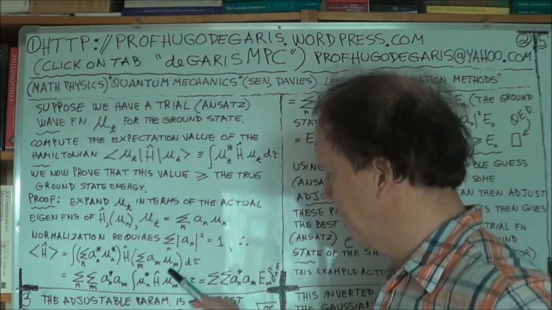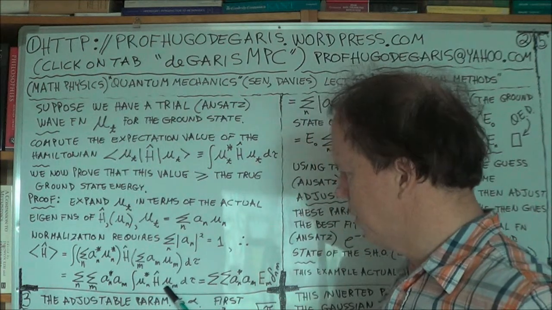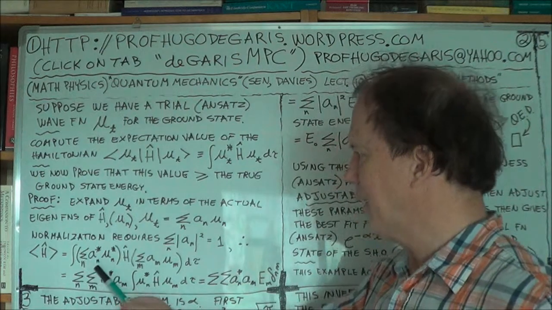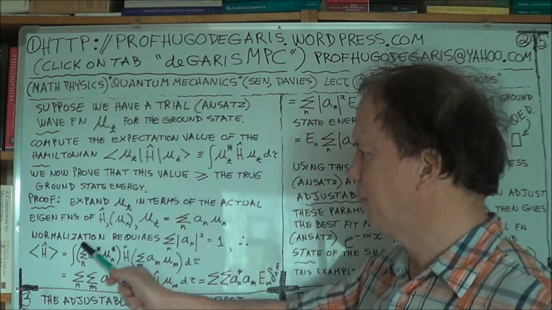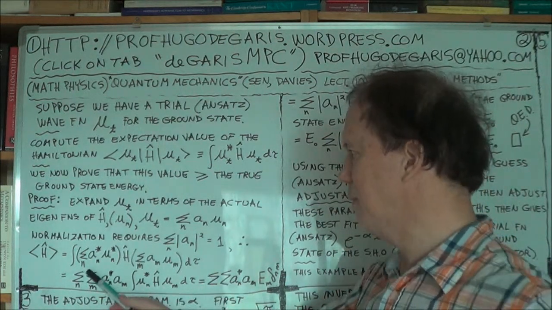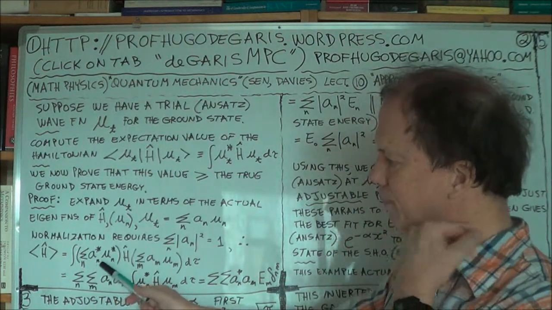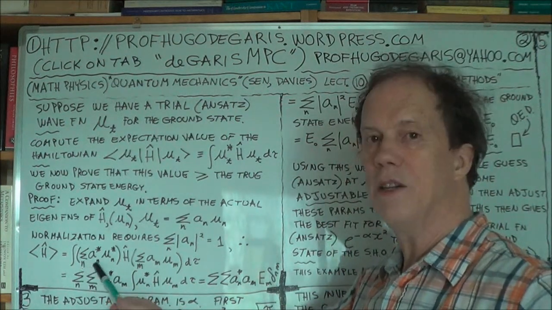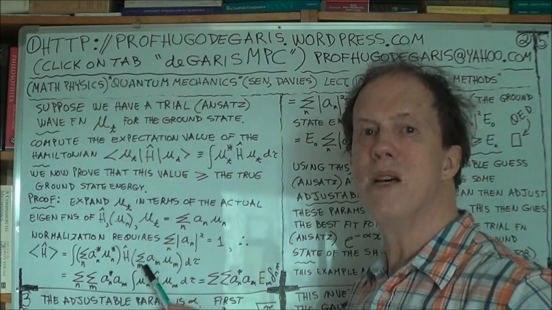Perhaps I should mention that these summations are independent, so let's label the summing term with a different label. Here we've got n, and here we have m.